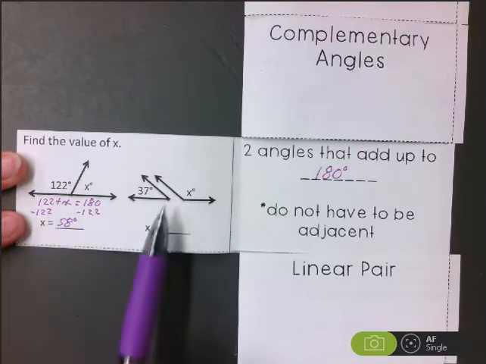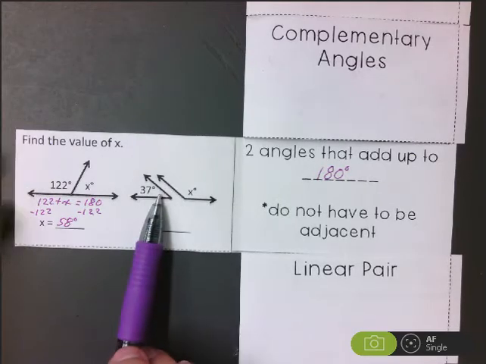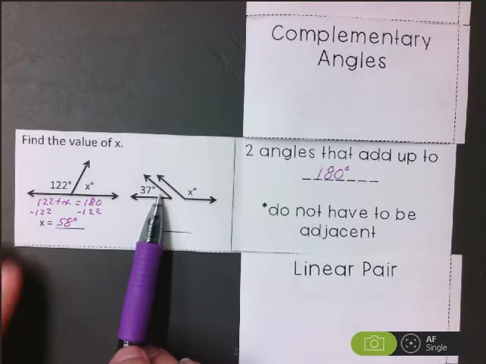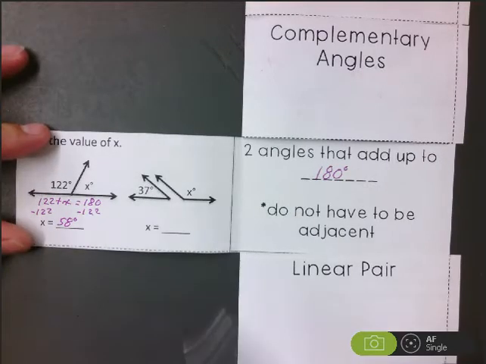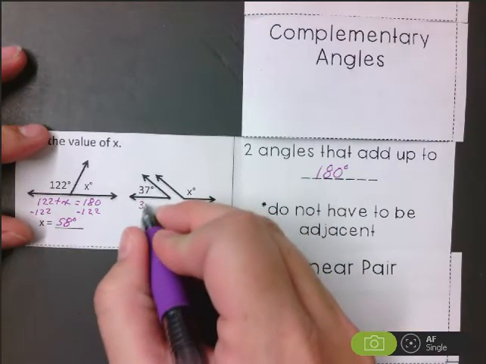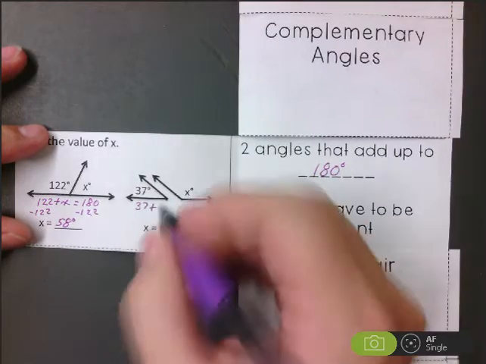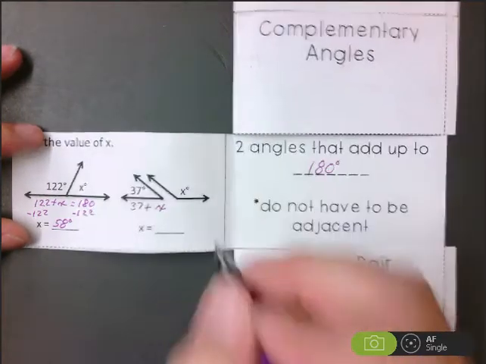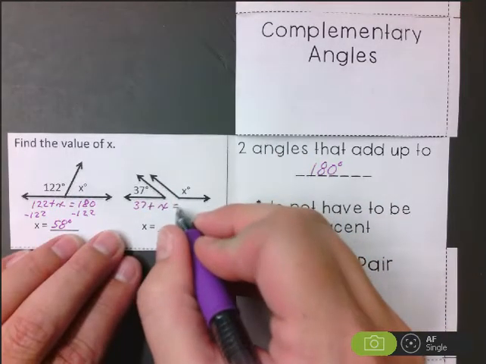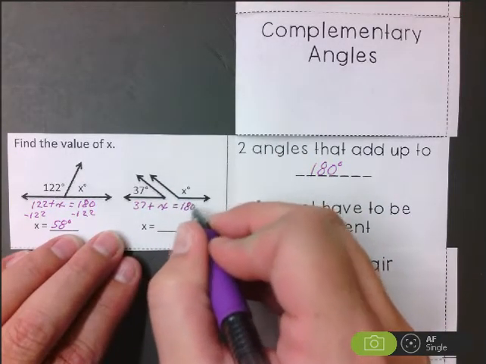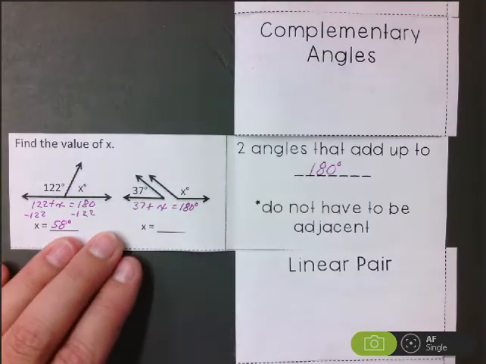Okay? So those two happen to be adjacent to each other because they're sharing a common vertex and a common side. However, these two aren't adjacent to each other. Remember, we said they don't have to be adjacent. So this time, we have a 37 plus our x, and we know that these are going to be supplementary, so they're going to equal 180, because all these are going to be supplementary.